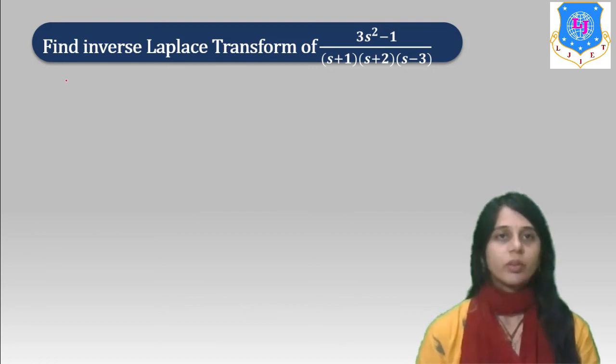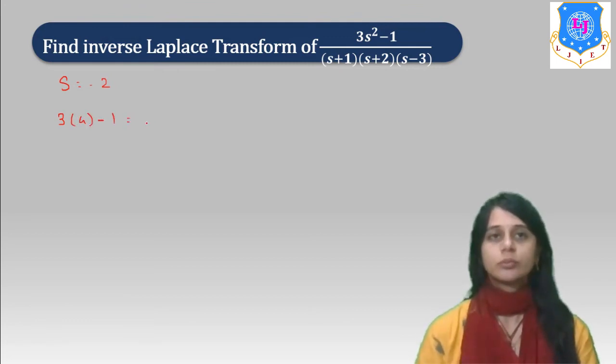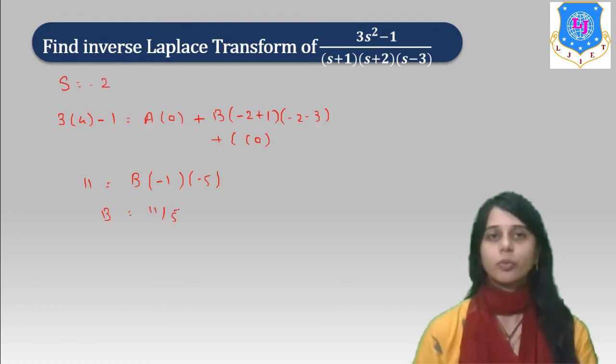Now, we take s equal to minus 2. So 3(minus 2) whole square, 4 minus 1, A is 0, B(minus 2 plus 1)(minus 2 minus 3) plus C times 0. So 3 fours are 12, 12 minus 1, 11, equals B times minus 1 times minus 5. So B equals 11 by 5.